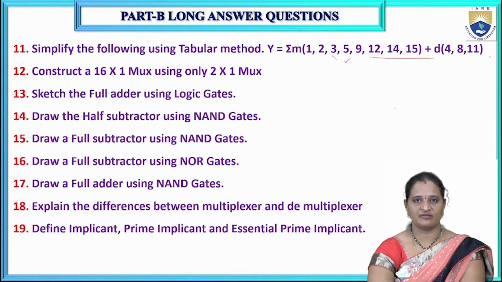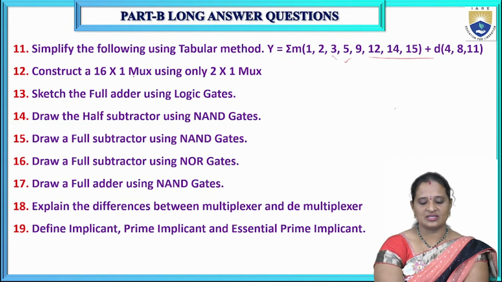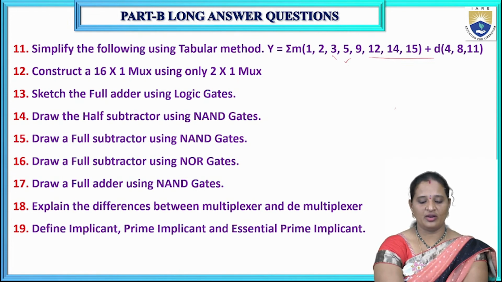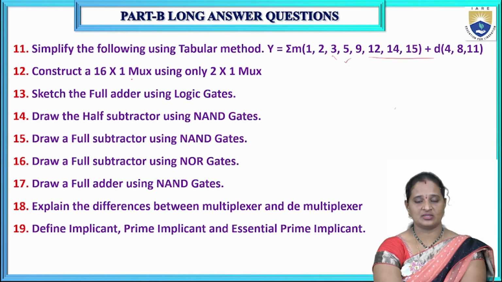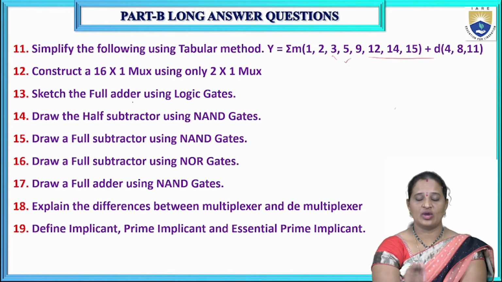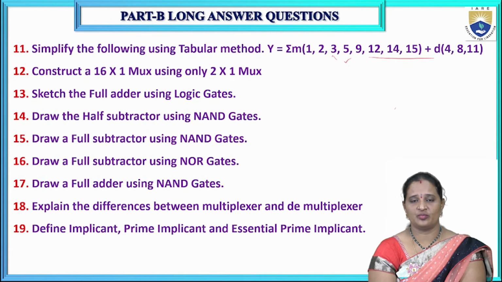And construct a 16 by 1 mux using only 2 by 1 mux. Only 2 by 1 mux. So how many 2 by 1 muxes do we require in order to implement a 16 by 1 mux? We require 8 2 by 1 muxes, so we'll have 8 outputs. And again we need 2 by 1 muxes in the second section.